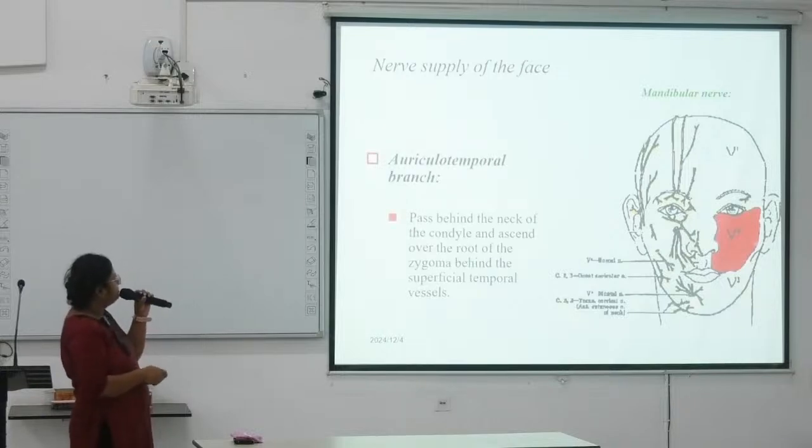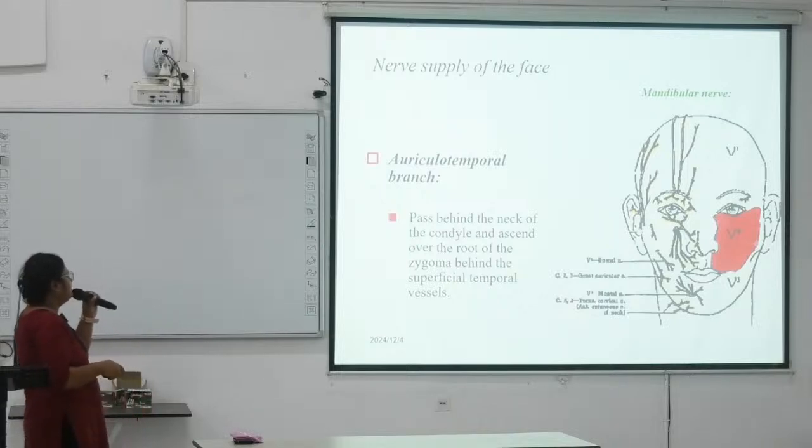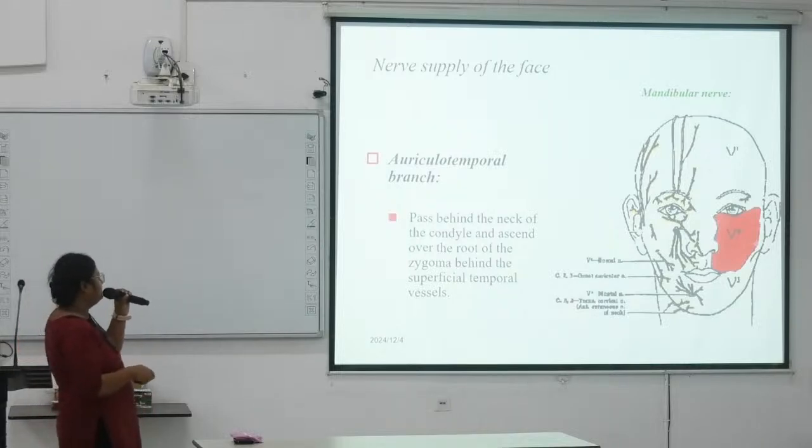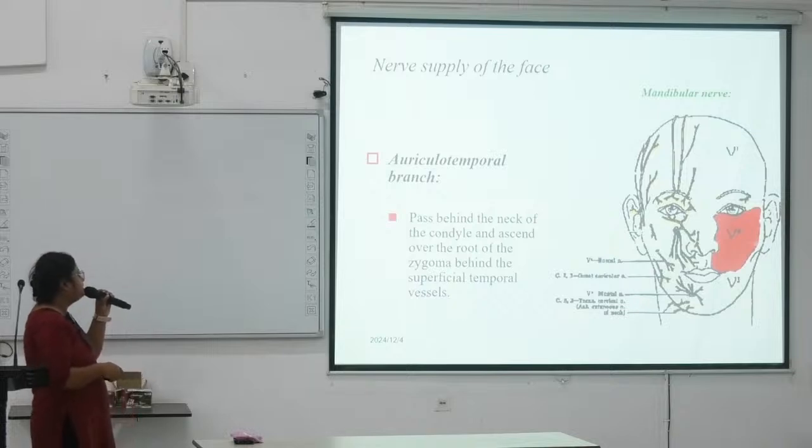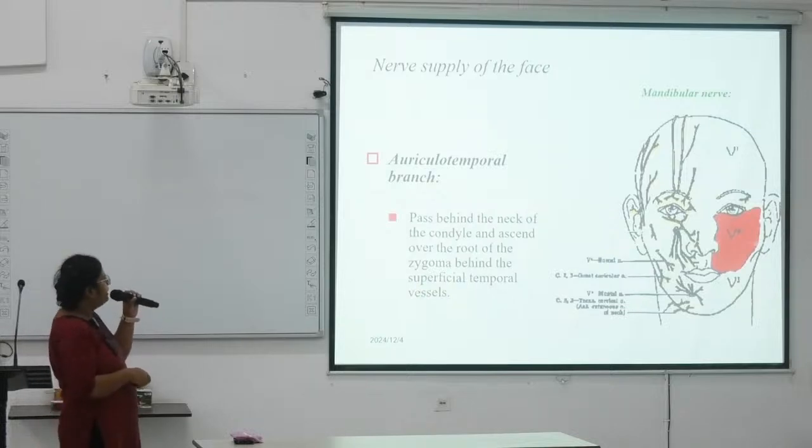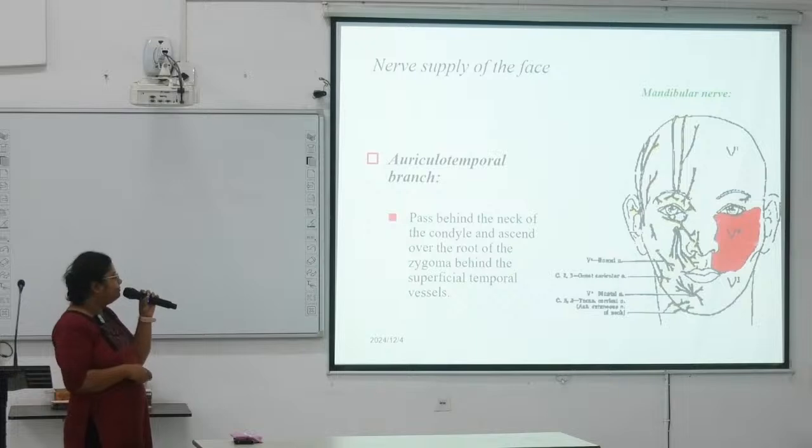First is the auriculotemporal nerve. It passes behind the neck of the condyle of the mandible and ascends over the root of the zygoma behind the superficial temporal vessels.